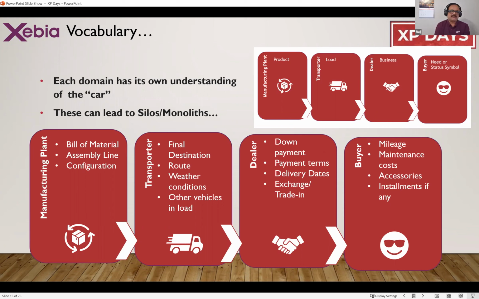Now for the manufacturing plant, the bill of material: what should go into this model? We have variants, right? The base model, the mid version, the premium version. They pick up components based on the model and assembly line, who works at which station. Then the configuration. For example, the majority of manufacturers today allow you to customize your vehicle.